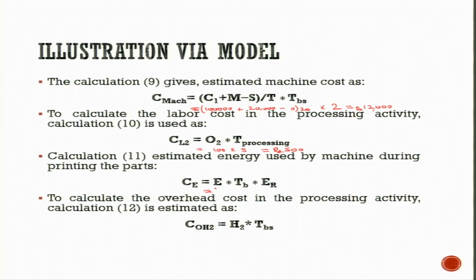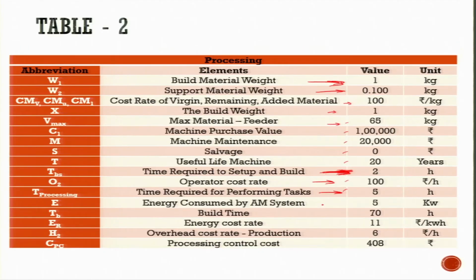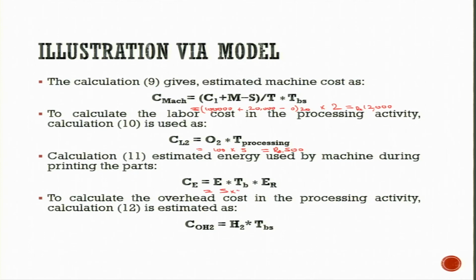So, energy consumed, that is given here 5 kilowatts, right. Build time is 70 hours and energy cost rate is rupees 11 per kilowatt hour. It is 5 into 70 into 11 is equal to 3850. Overhead cost, here it is the value of H2 is 6 and for TBS is 2. This gives me rupees 12 only.